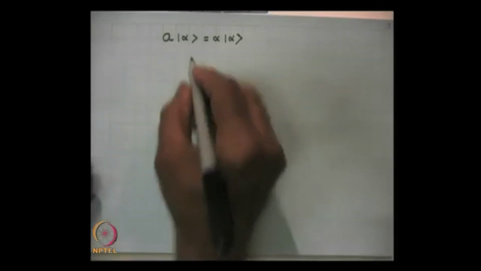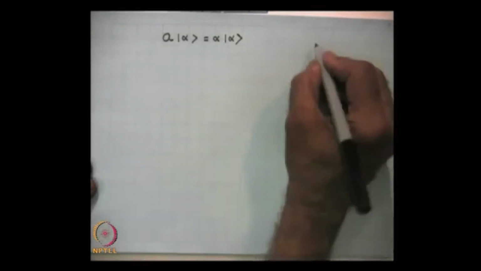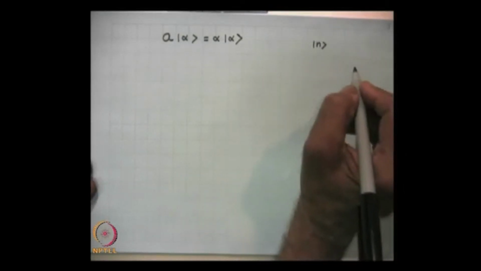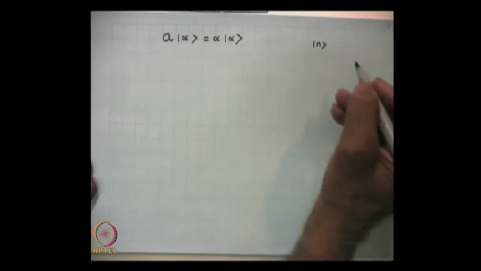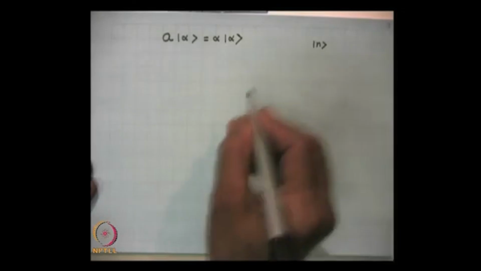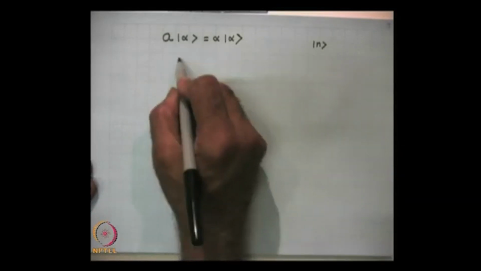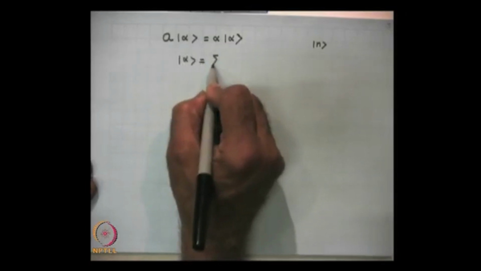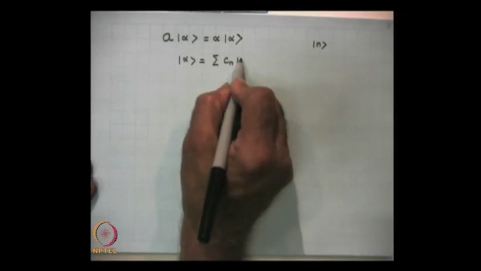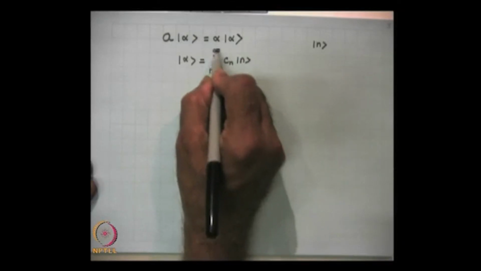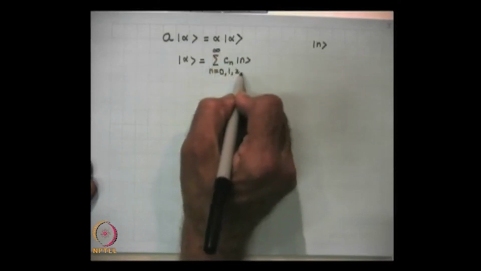The kets n, the eigenkets of the operator H, form a complete set of orthonormal functions. So, any ket in the space can be expanded in the eigenkets of the Hamiltonian as summation C n ket n, where n goes from 0 to infinity, 0, 1, 2, 3, infinity.